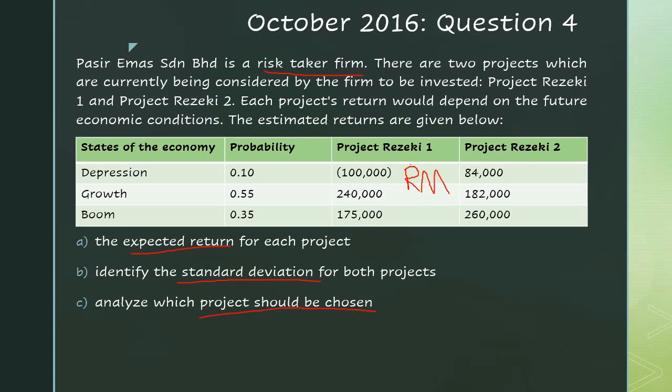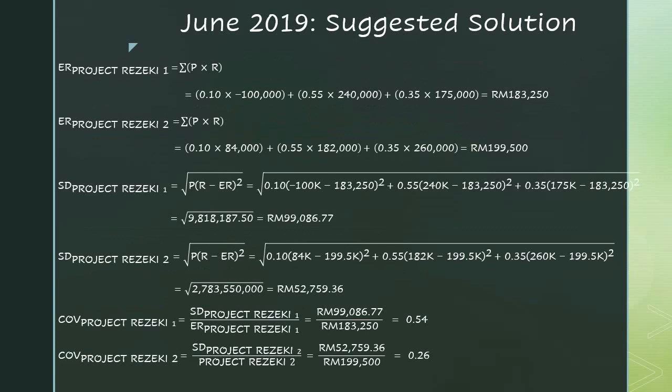It means that your expected return will be in ringgit, your standard deviation will be in ringgit. So we calculate as usual with the formula, the sum of probability times return. You put in the return in terms of ringgit, and then you get your expected return to be 183,250.